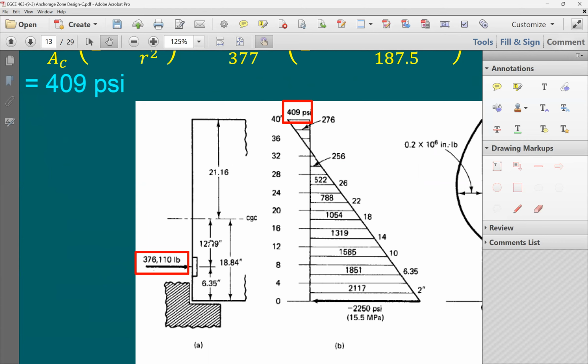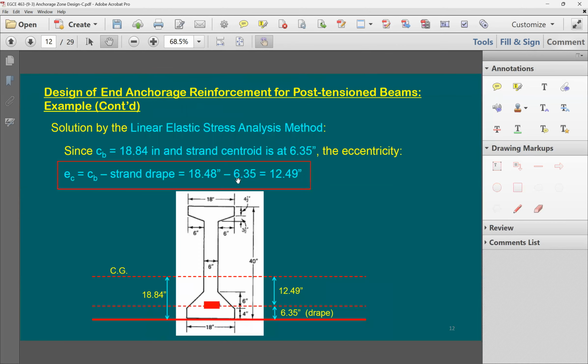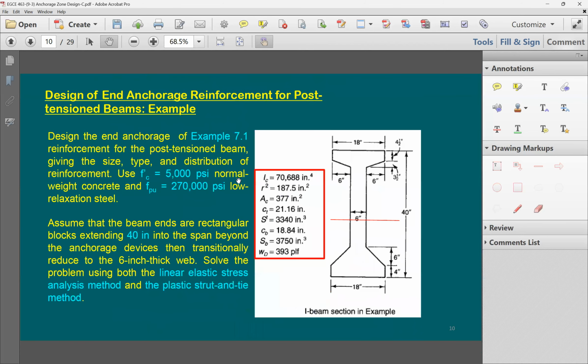Now the 12.49 becomes interesting. So I'm going to say 1 minus, and then I have e times c sub t. Here's e, the 12.49. c sub t is going to be 21.16. If you ask me where this is coming from, I can simply go to slide number 10, and it has Y top, or c top. They quote here c top, 21.16.